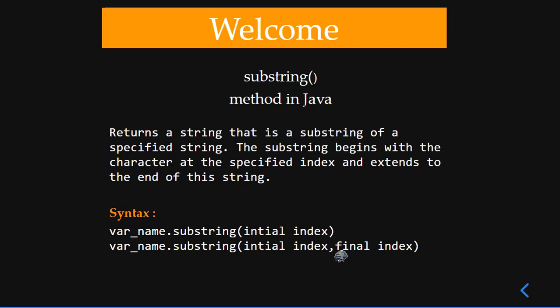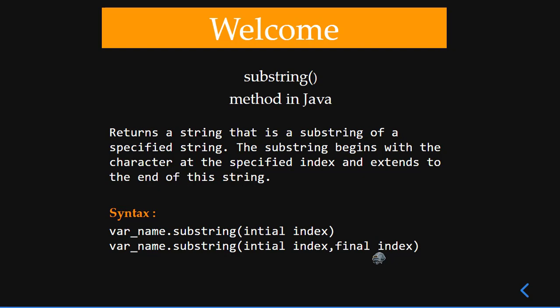In the second way, if we know both the initial index and final index, we specify both in the substring method. Then it extracts the sub part of the string on the basis of whatever index values we pass.